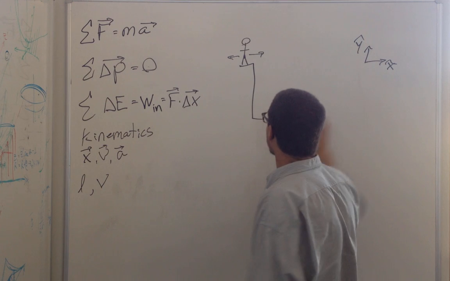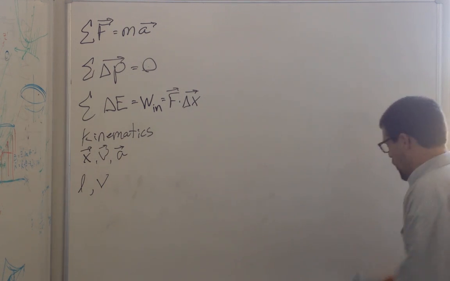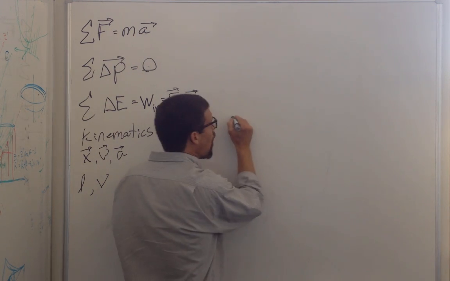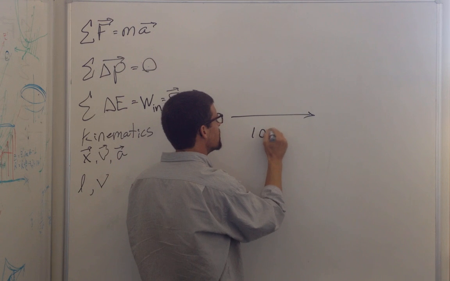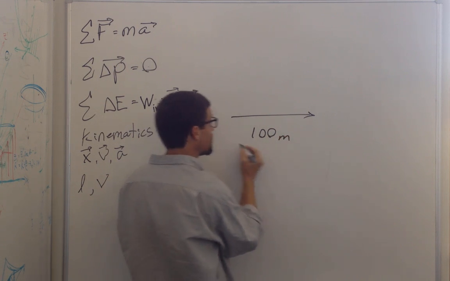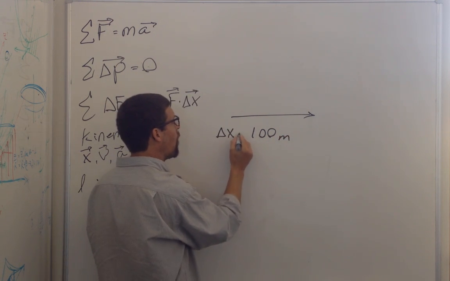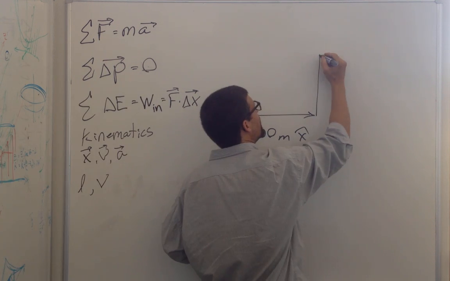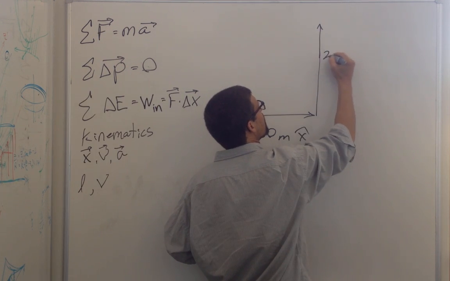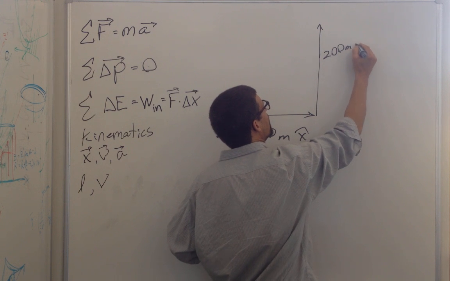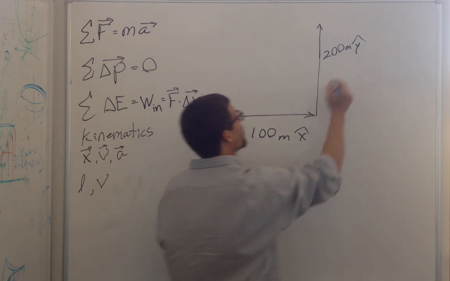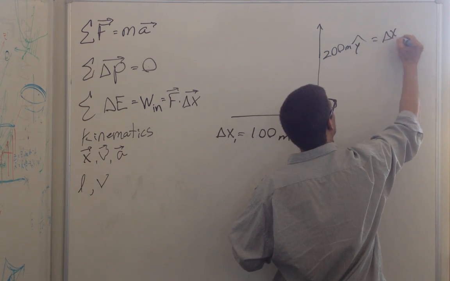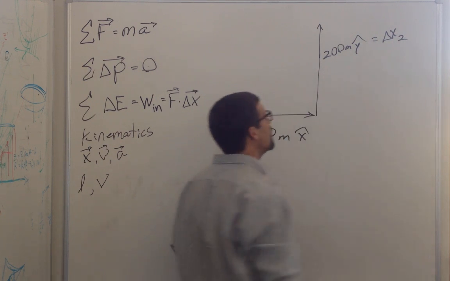So how are these different? Imagine we're looking at a map and you walk 100 meters in the positive x direction. So this would be displacement 1 is equal to 100 meters in the x direction. And then you walk 200 meters in the y direction. Okay?